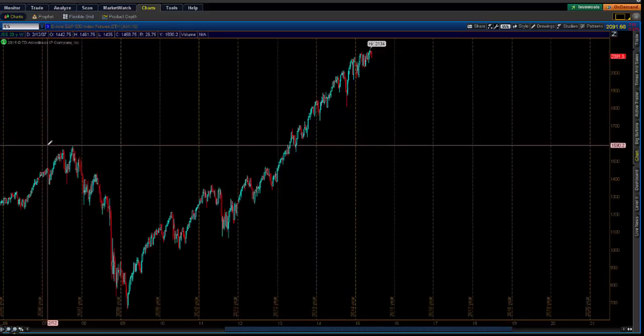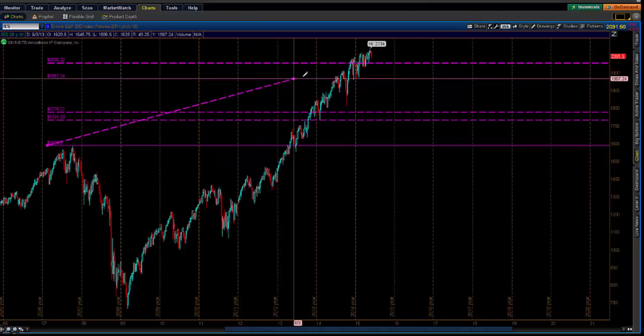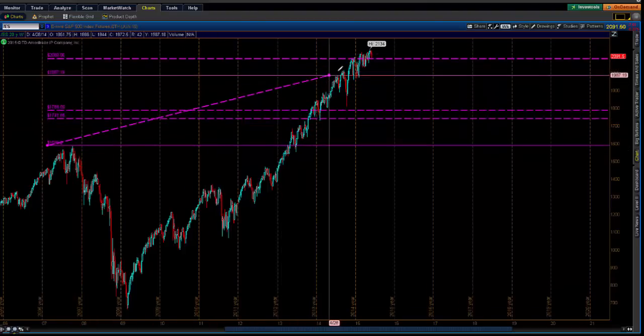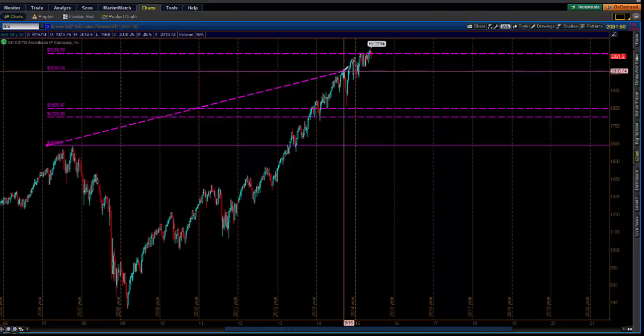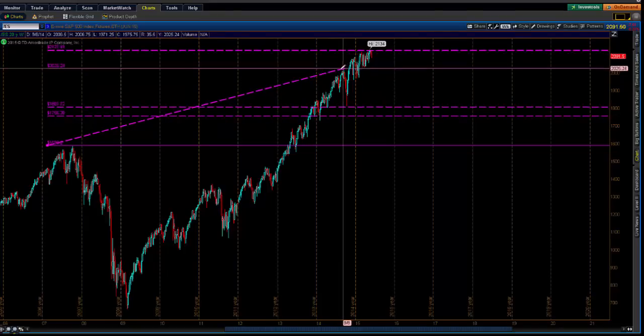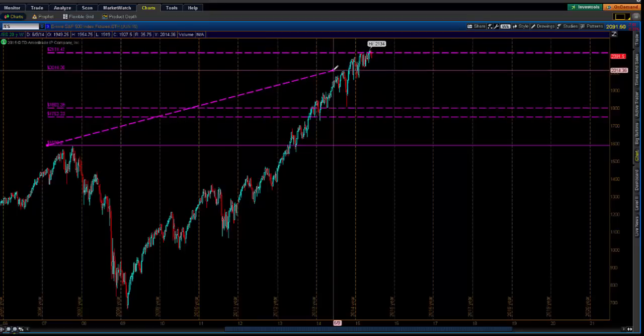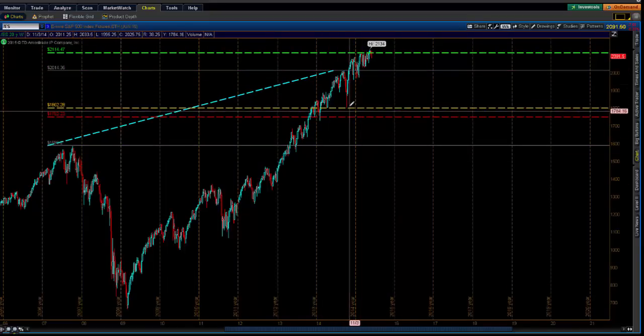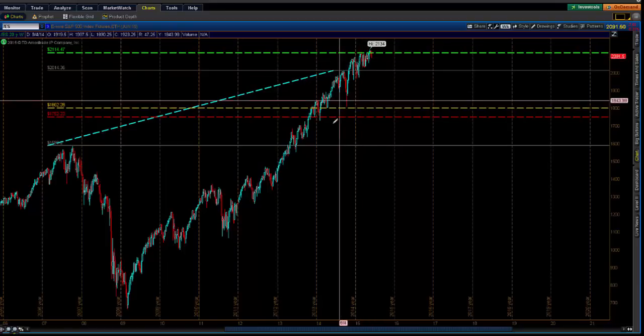Let's draw this up again because this was our original from the 2007 highs to the September 2014 highs. Right. October was your pullback into a long. Right.